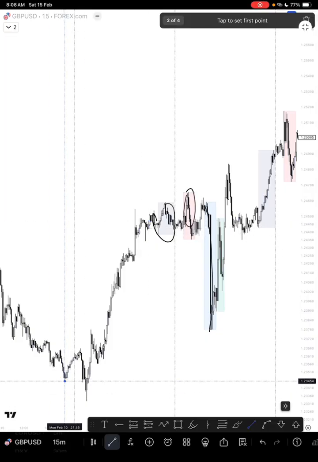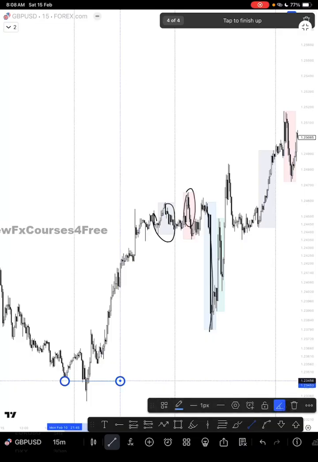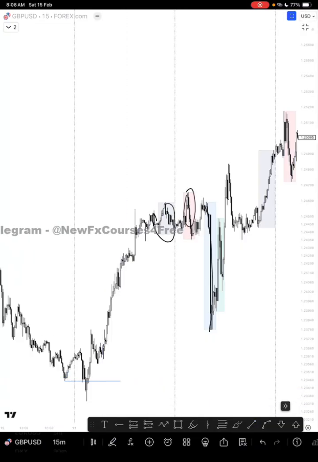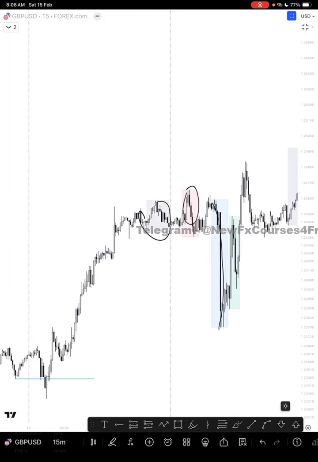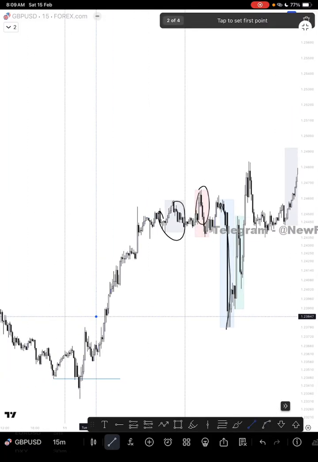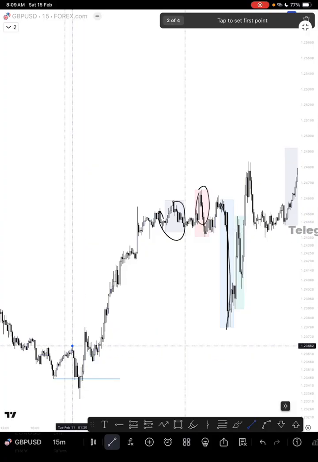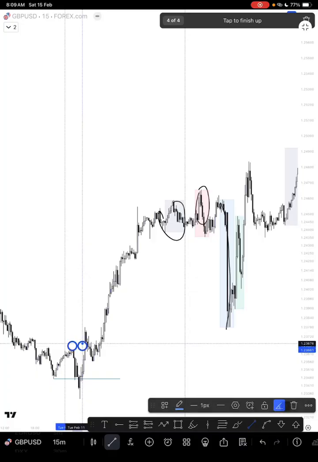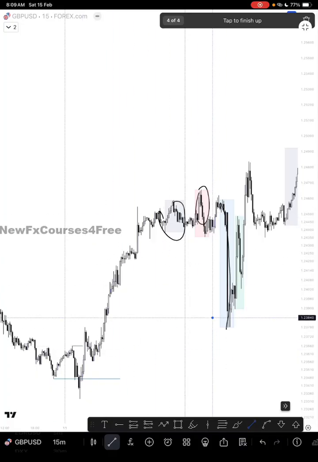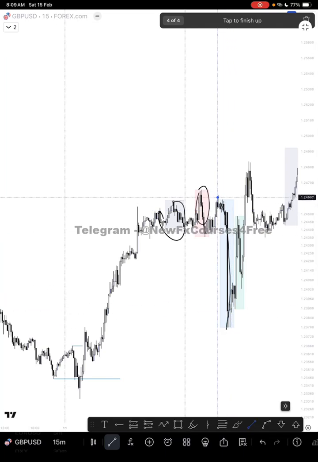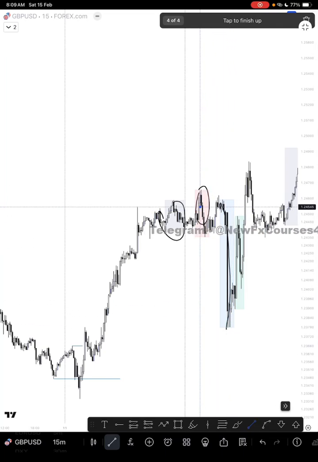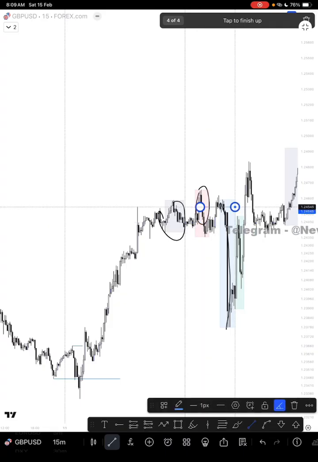We're breaking below lows, and we're sweeping lows and actually breaking highs. So this whole move was an expansion lower or manipulation lower, however you call it. So here you actually got an order block entry.